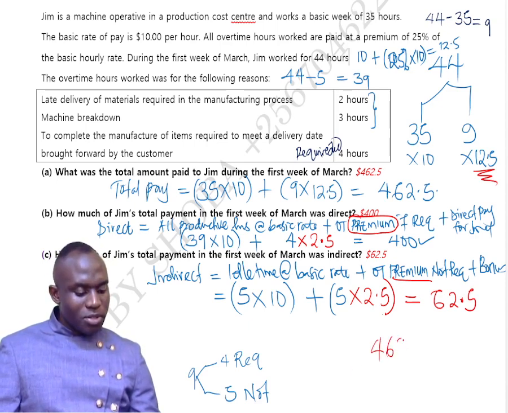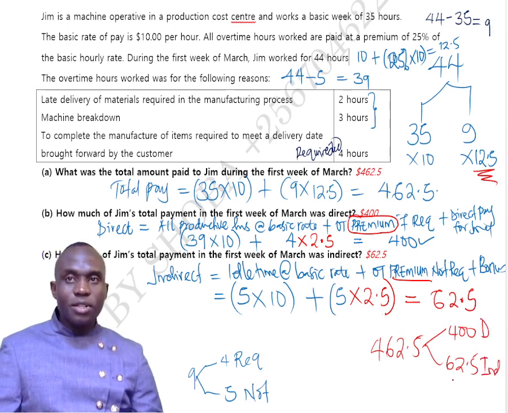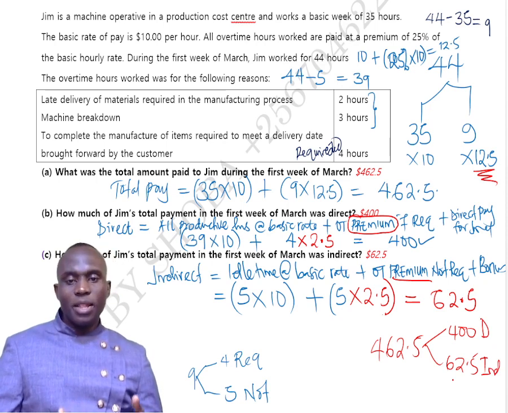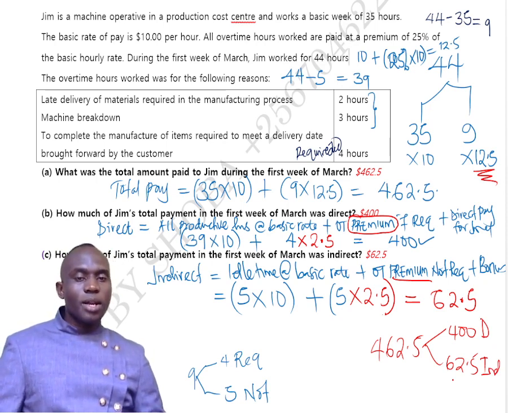So total was 462.5. 400 is direct, but this is indirect. We are paying people, but they are not working, or the payment can't be linked to the production.